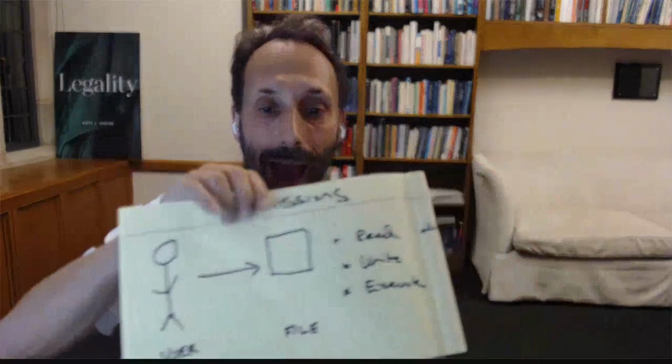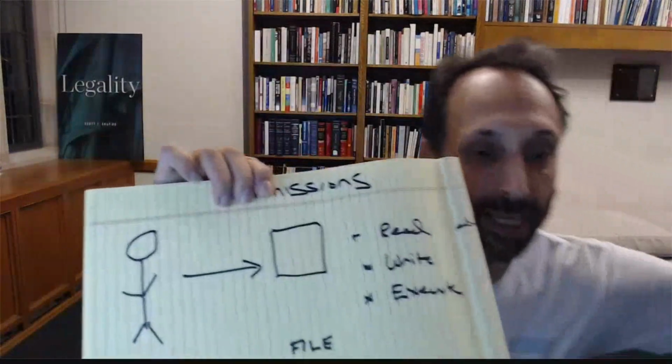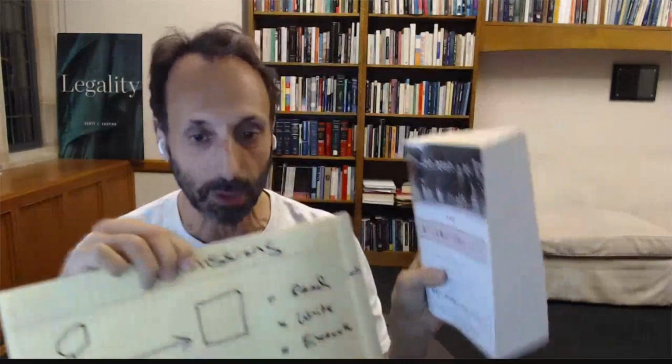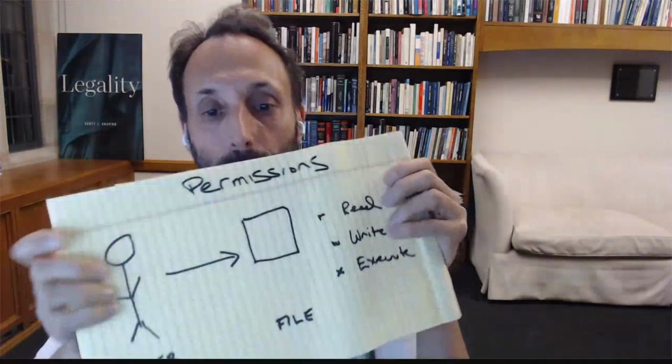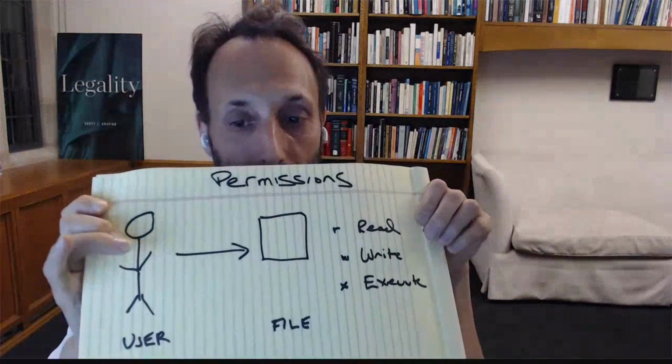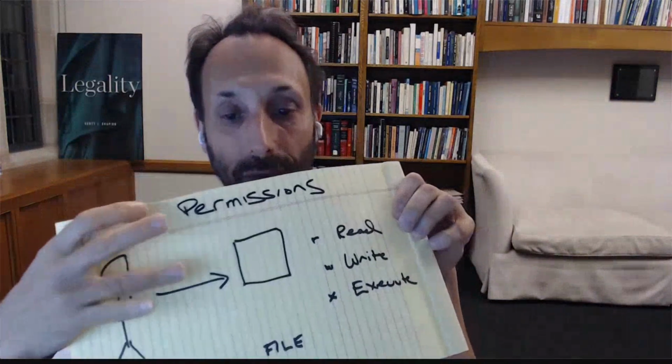So how should we think about permissions? How do permissions work? Let's take this book. I have the permission to read it, and I have the permission to write in it. It's my book. There's a relationship between me and the book. The same thing goes for permissions: there's a relationship between the user and the file.